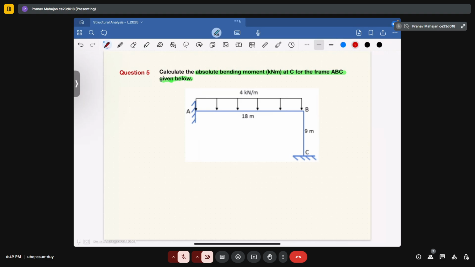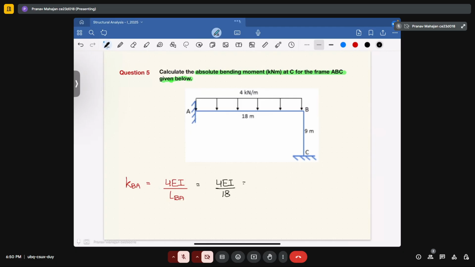So first, what is the step? We will find the stiffness factors. So for KBA, your value will come out as 4EI divided by L of BA. That will be equal to 4EI upon 18.